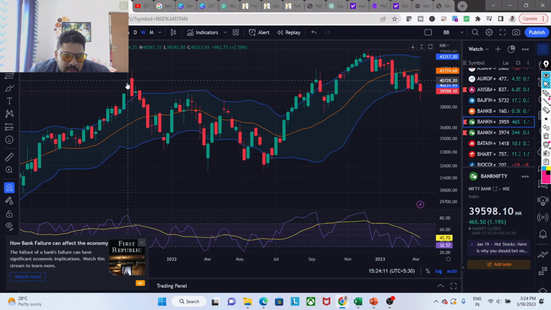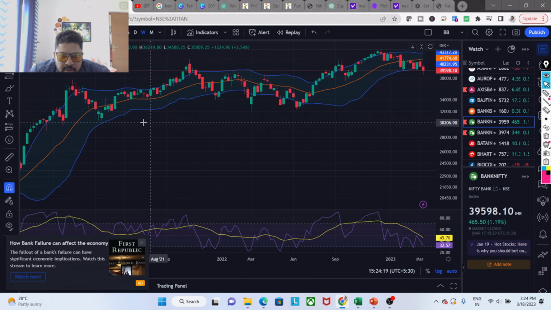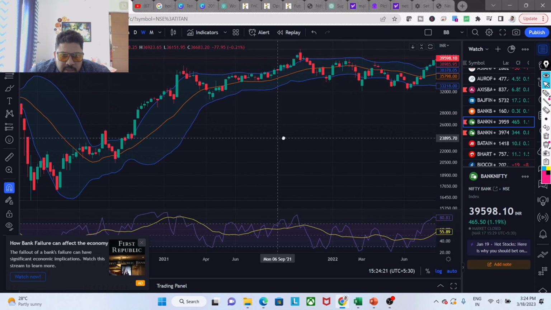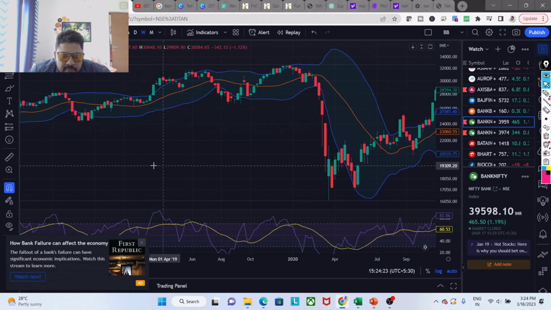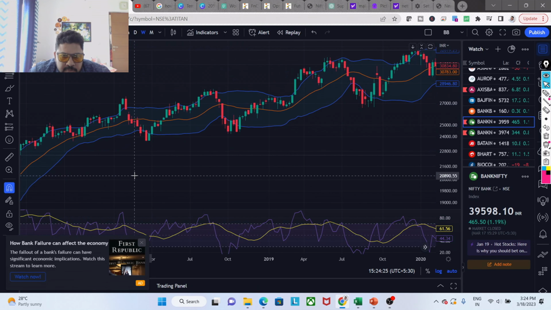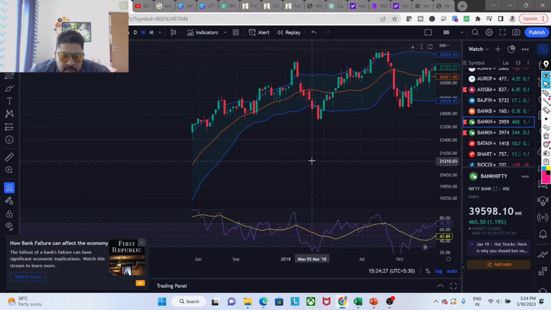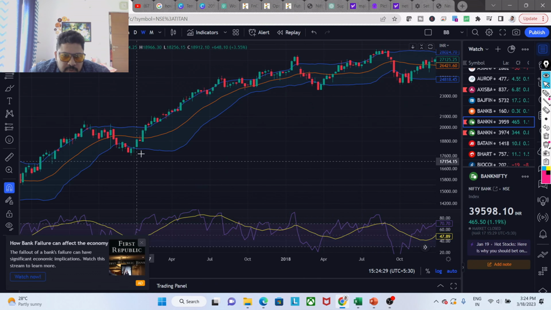In a sideways market, you always sell here, buy here, sell here, buy here. So this is very useful in a sideways market. It will give you a range to play. But if the market is trending, then you will be a little confused about what needs to be done.